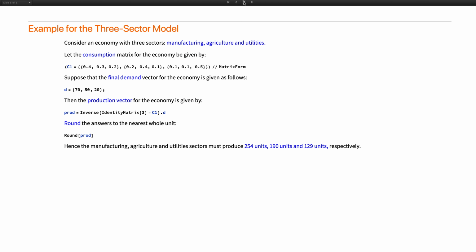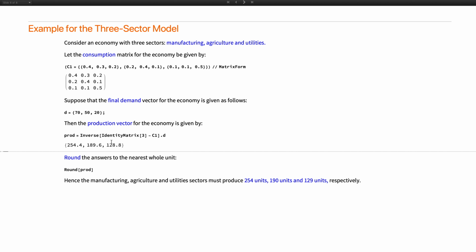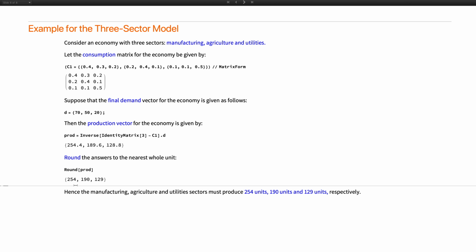As an example, let's say you've got three sectors again, manufacturing, agriculture, and utilities, which are producing goods and services. Suppose that the consumption matrix is given here, with fractions in each column, and suppose the final demand vector for the economy is given here, the D. Then you can quite easily compute the production vector using the formula from the previous slide, and you get back an answer, but it's in decimals, so we round it off because you want to manufacture whole numbers of things.